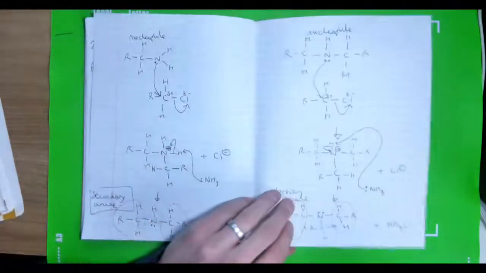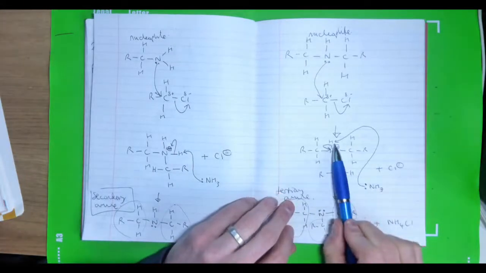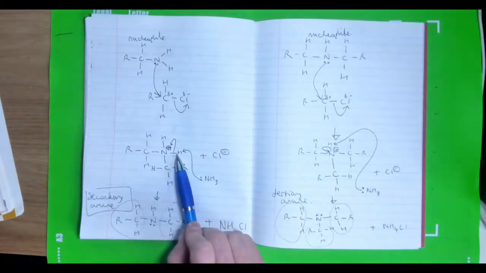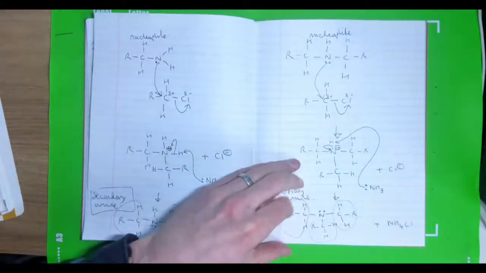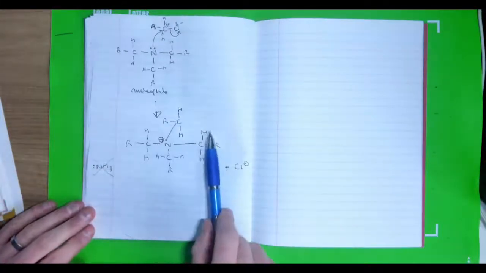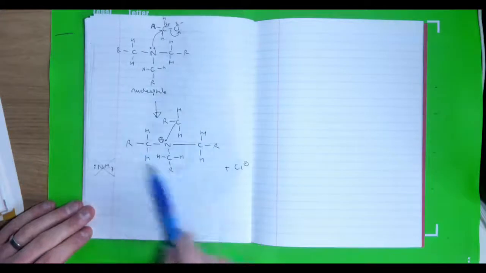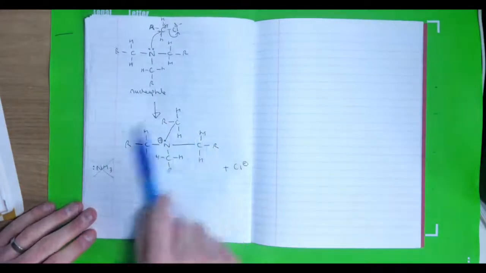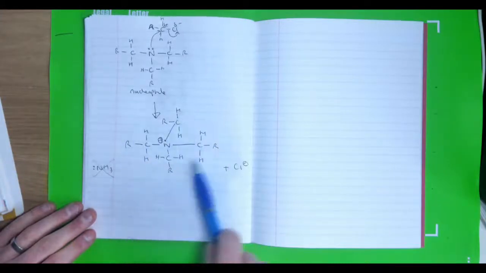Like I did here, took off that hydrogen. And like I did there, to take off that hydrogen. But I can't do that because there's no hydrogens left attached to that nitrogen there. So this ion here is stable. So long as you've got a minus ion to balance the charge, this ion here is stable.